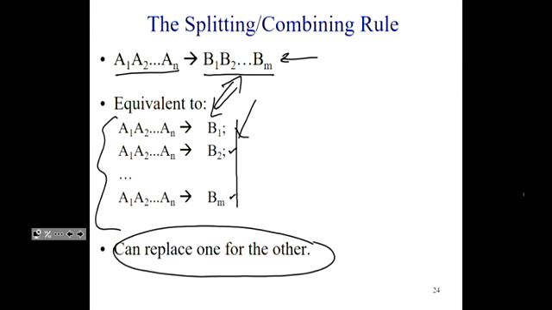This is basically if A1 through AN have the same set of values, then B1 through BM have the same set of values, and therefore each one of B1, B2, B3, and so on up to BM have the same set of values. Okay, so you can replace one of these for the other. This is a simple splitting slash combining rule.